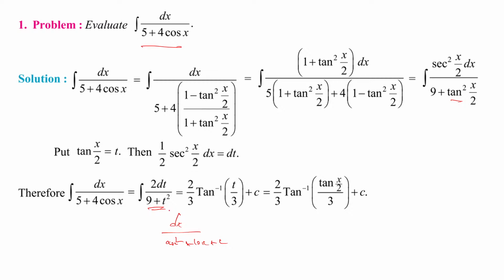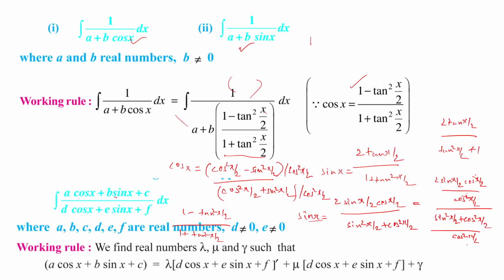Agreed? Okay, so now another special case is this: a cos x plus b sin x plus c by d cos x plus e sin x plus f. Here what we will do, the numerator we express as some times the differential of the denominator, plus some other times the denominator, plus some constant.